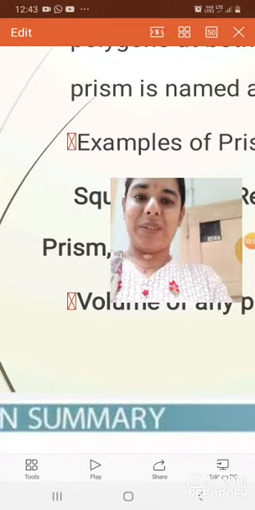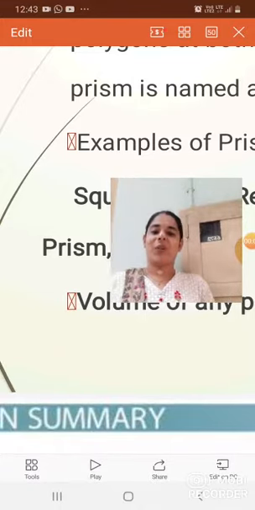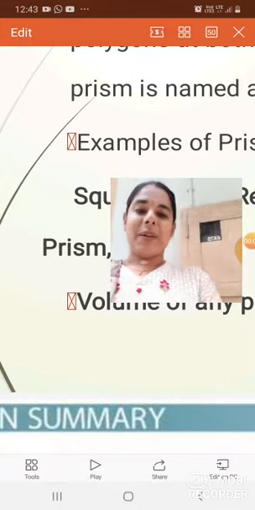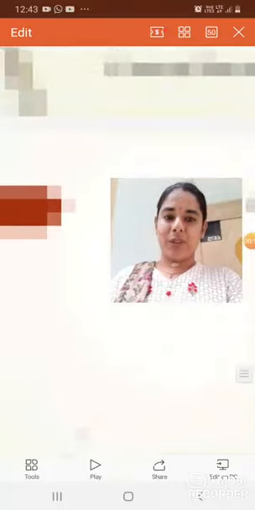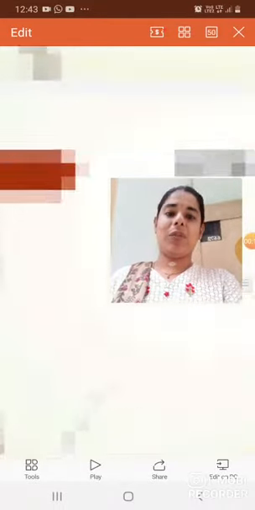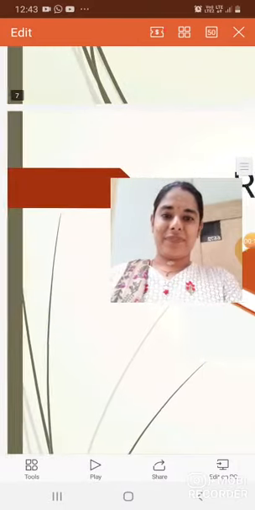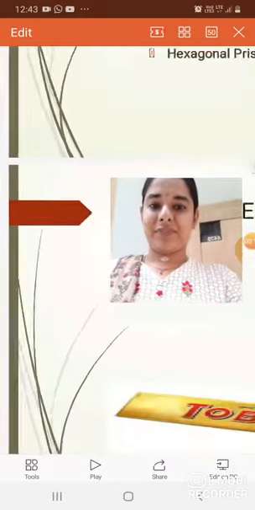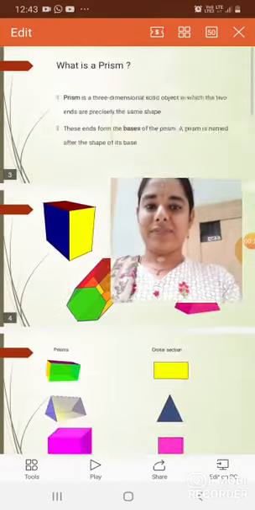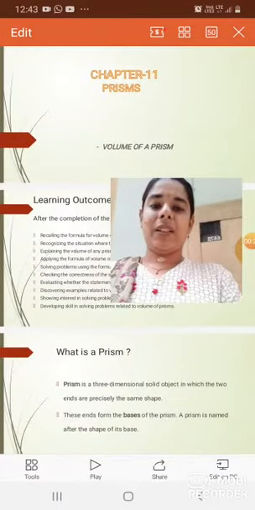We are going to study about the volume of a prism. Before going to know about the volume of a prism, we should know what a prism is.